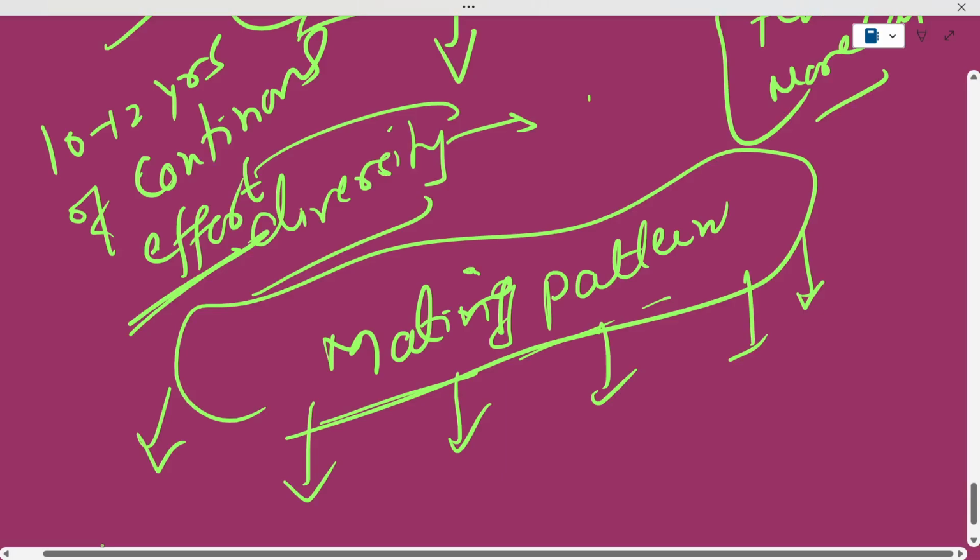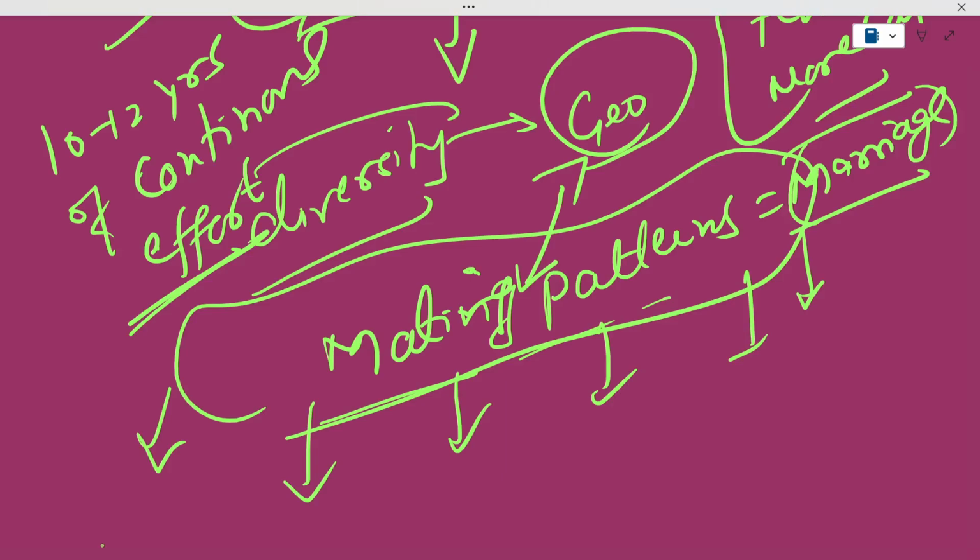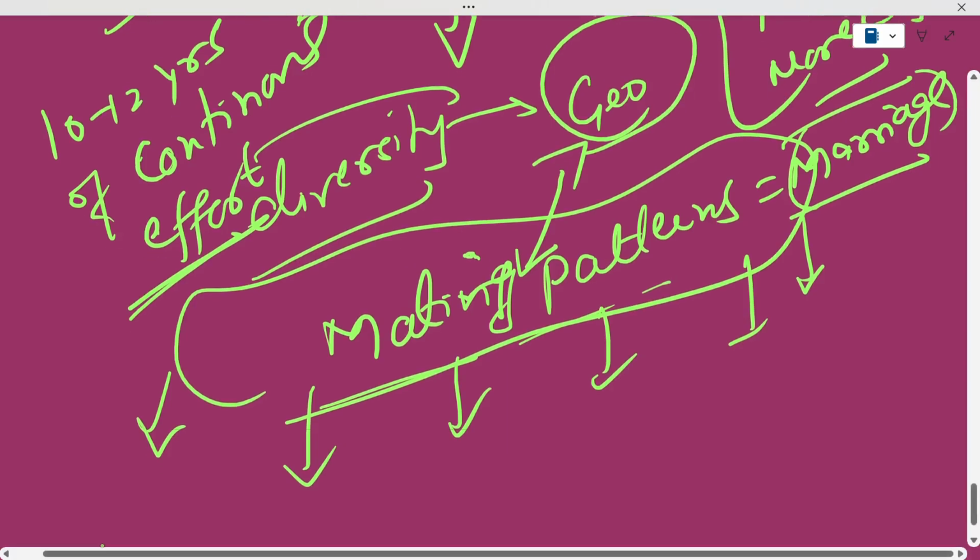Diversity itself is a result of geography. So ultimately, different geographies will have different mating patterns, and those mating patterns, which may be equated to marriage, are different in different cultures, different areas, different localities, different geographies.